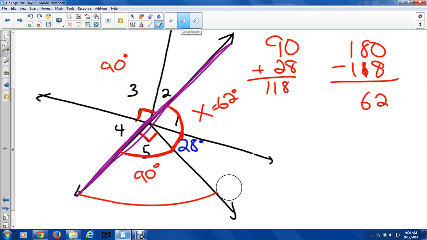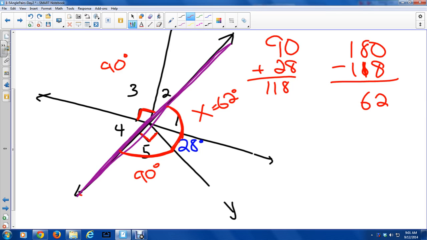I'm going to clean this up a tiny bit, not a ton. Put some black there. Okay. Working my way around a little bit. Oh my goodness, look what I almost didn't see. You probably saw that 62 for angle 1 must mean that angle 4 is 62 degrees also.